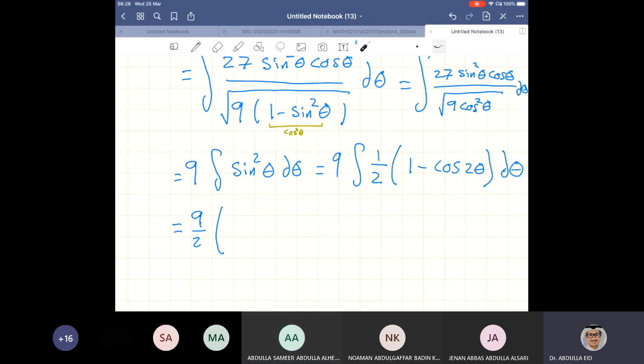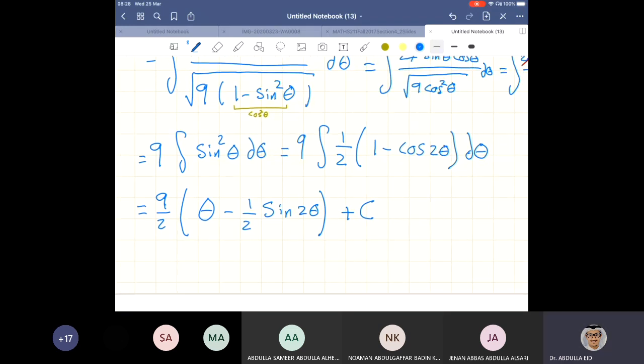And usually the student did this famous mistake of writing it as x. It is not x. Remember, everything now is theta. So this should be theta. Minus integral of cosine 2 theta is sine 2 theta, and because of this 2, I have to divide by 2, plus c.